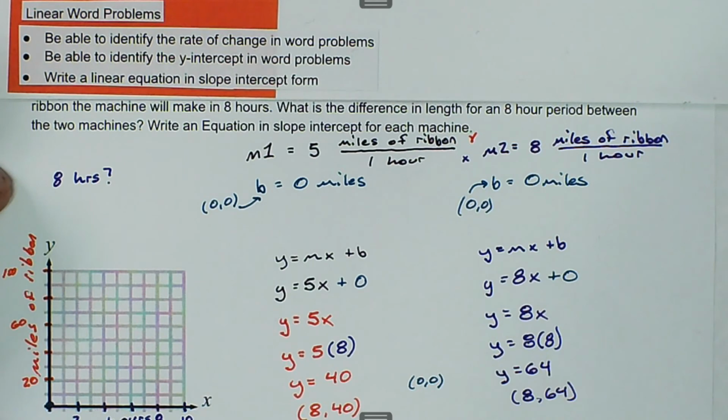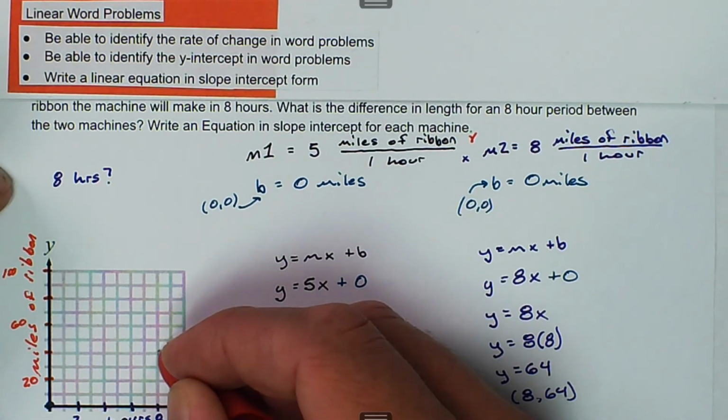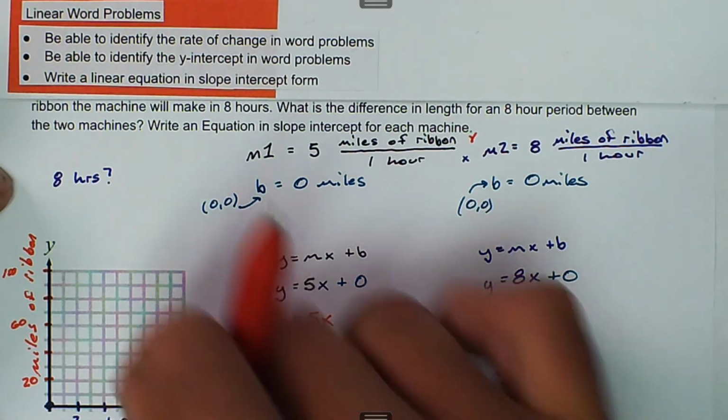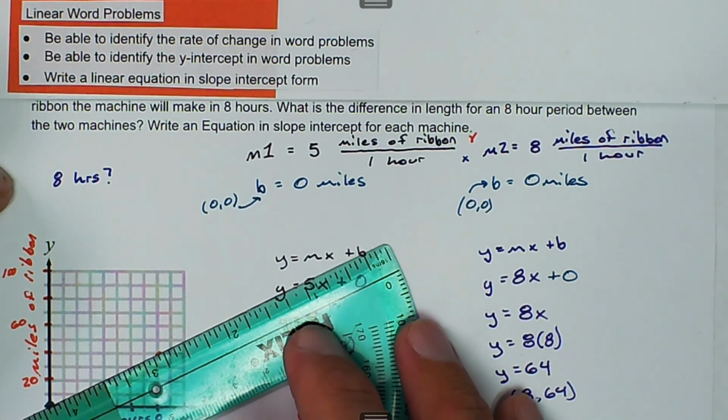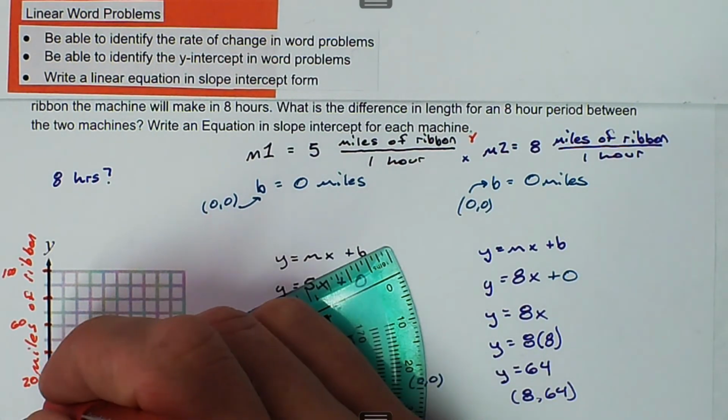So we can graph. Both of these are going to start out at the origin, which is 0, 0. We already have that plotted. And then we need to do the 8, 40. So if I go over 8, and then we go up 40, 10, 20, 30, 40, right there. And then we can draw the line that goes between those. And if this machine continued to work, it would continue to produce miles of ribbon.